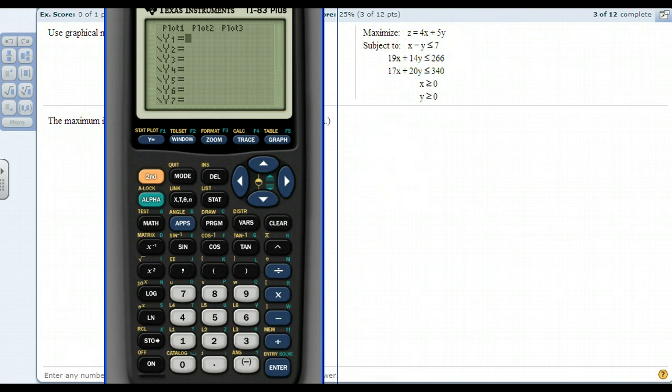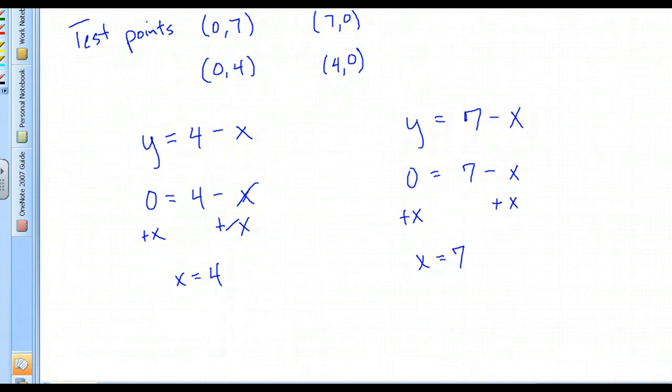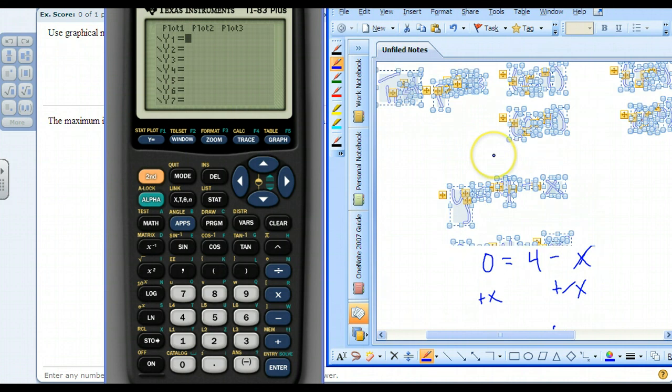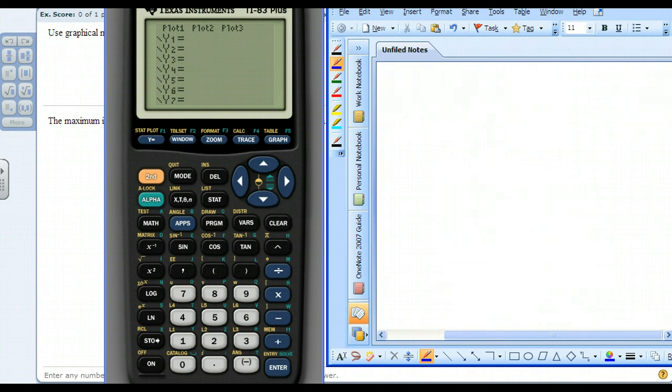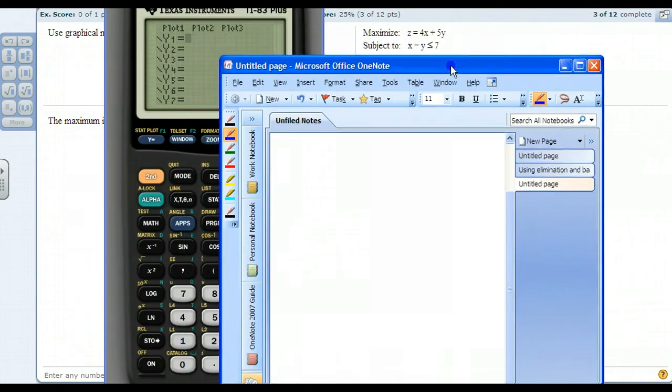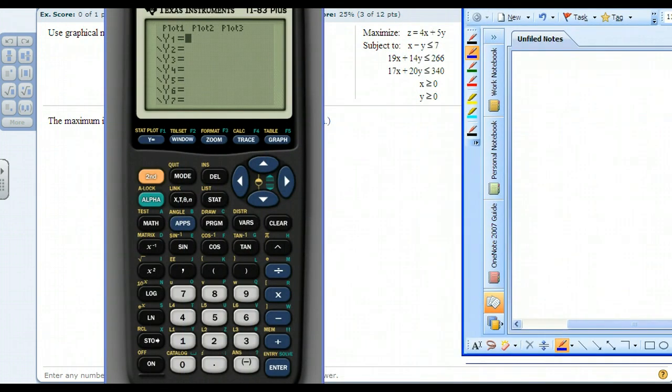Okay, so if I want to isolate y in x minus y less than or equal to 7, I'm going to subtract x, and I get negative y is less than or equal to negative x plus 7.